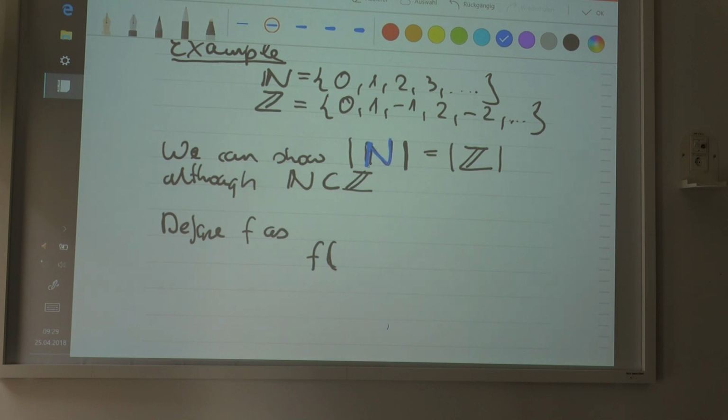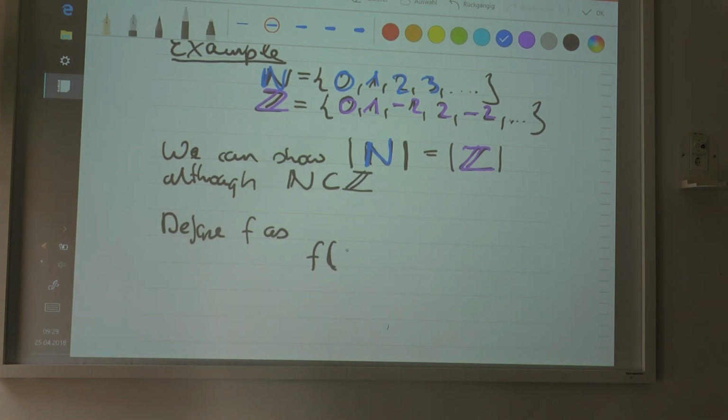So these are the set of natural numbers: 0, 1, 2, 3, etc. And here you have the set of integers. I'm using these notations so you see this better.